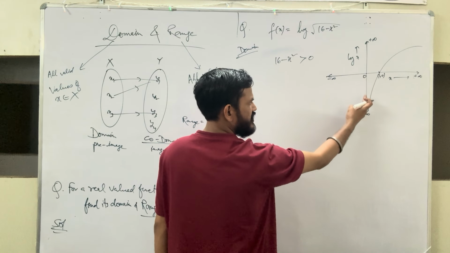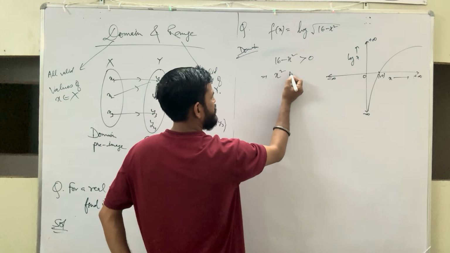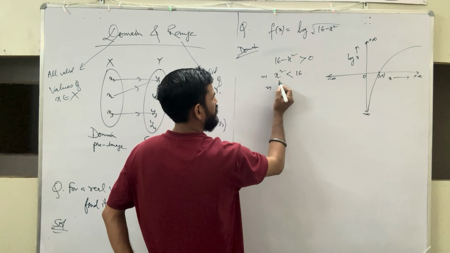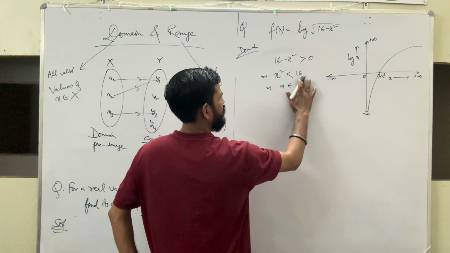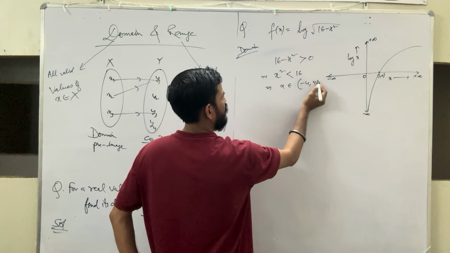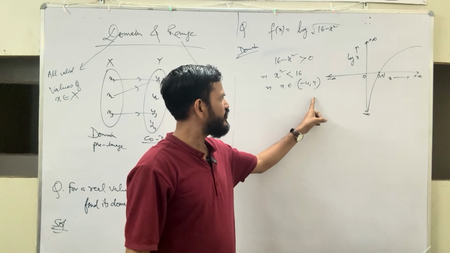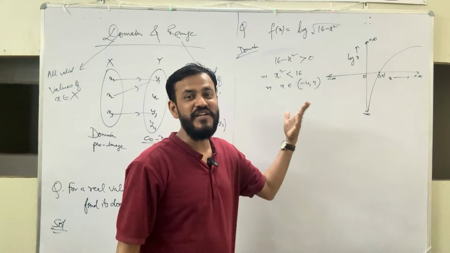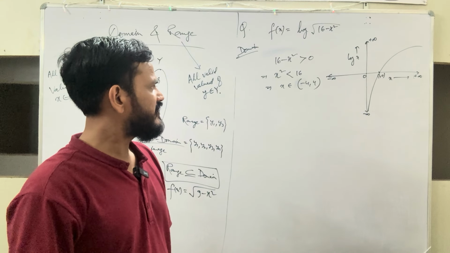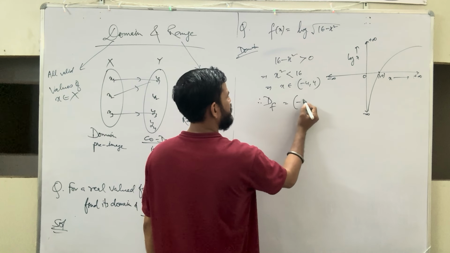Because at 0 the function will attain minus infinity. So this translates to x square less than 16, x belonging to open bracket minus 4 to 4, because x square should just be less than 16. It should not be equal to 16. Therefore, the domain of the function is minus 4 to 4.